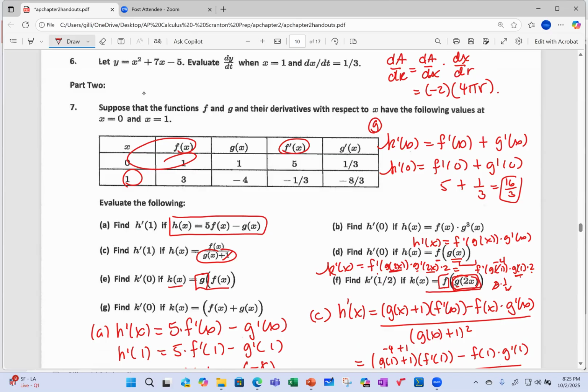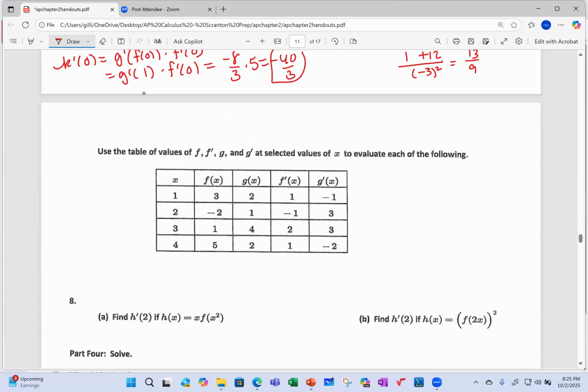But I'm not seeing anything incorrect there because 2 times 1/2 is 1, and g at 1 is -4. My problem is I don't have f prime at -4. I only have it at 0 and 1. All right, so that was a mistake there on that part.